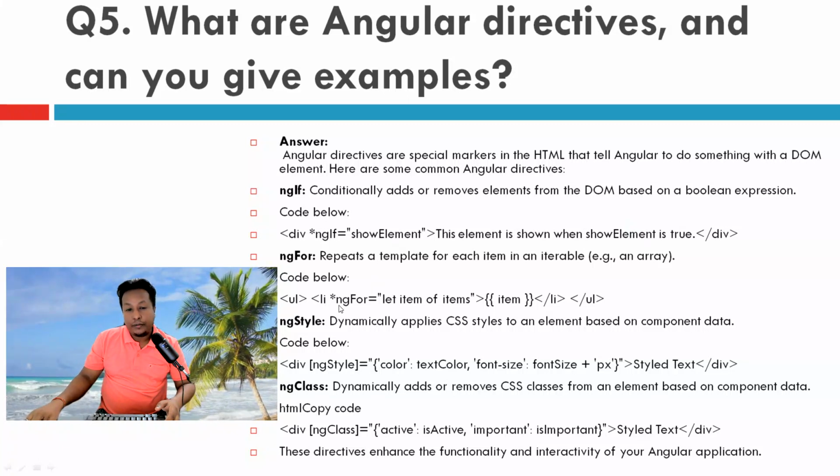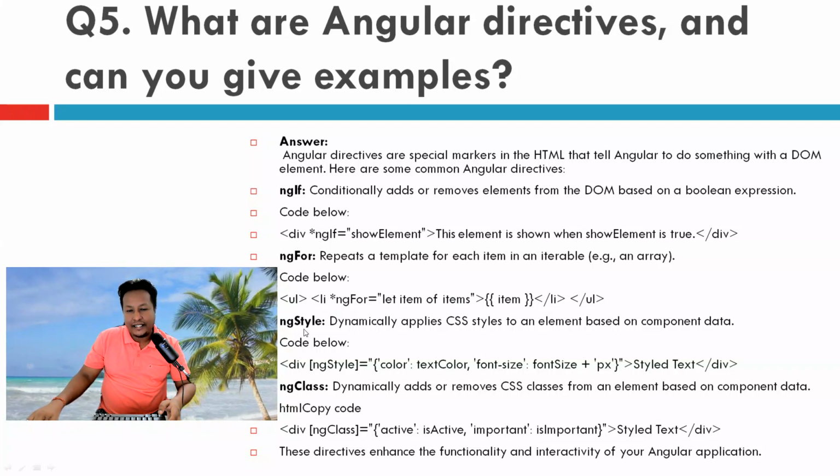If you want to repeat something, we can use the ngFor directive, which will repeat a particular array or something a number of times. For example, in this HTML, we are trying to iterate over the items property, which is an array. All the items in that array are repeated using the ngFor directive.